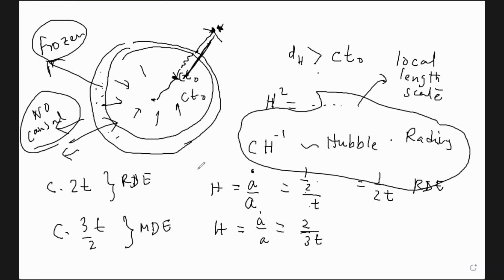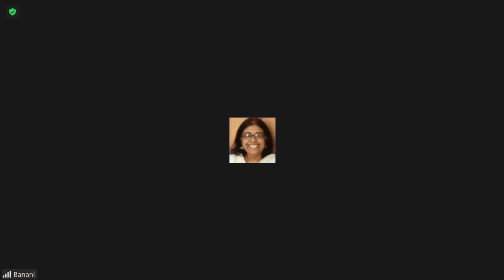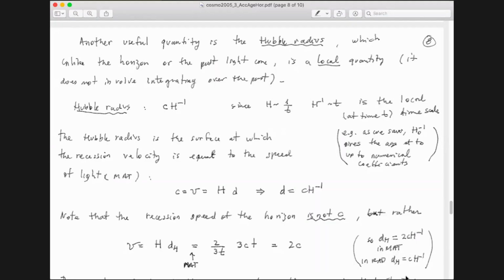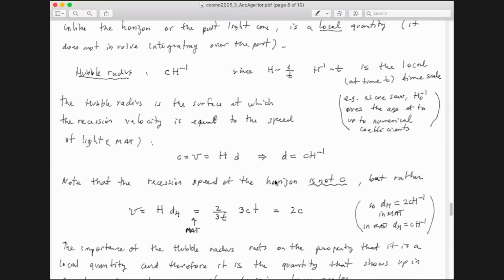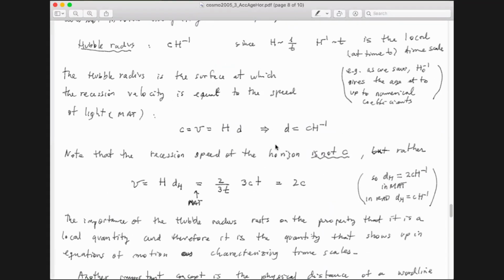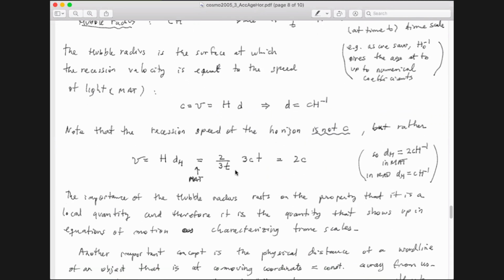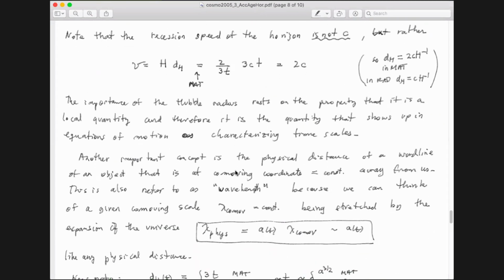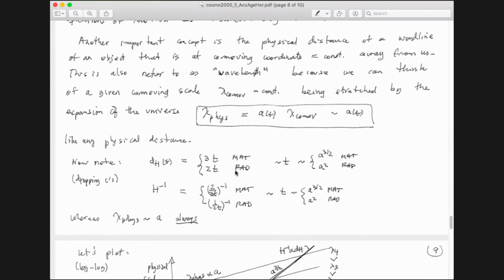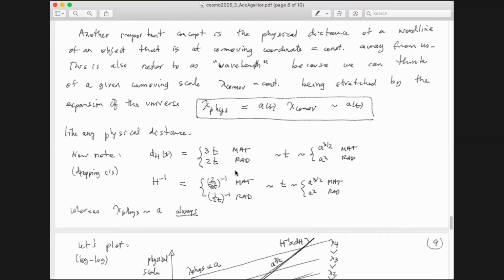So now, let us go a little bit deeper. The concept will be a little tougher, but it will be easy, not so hard. The Hubble radius is done. Now I will do another thing. Another concept is called lambda physical.